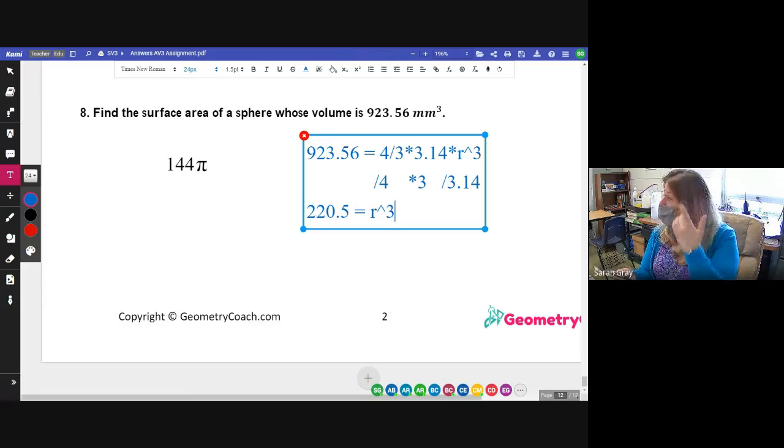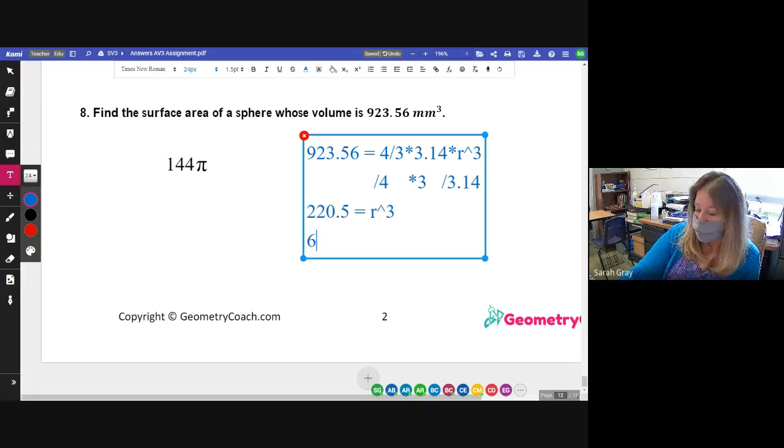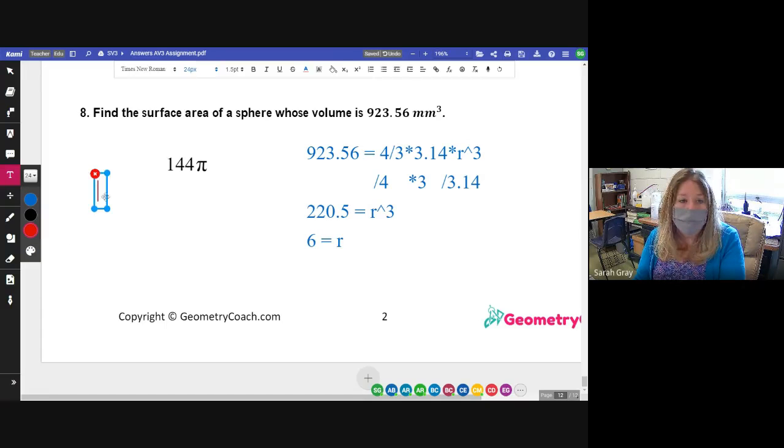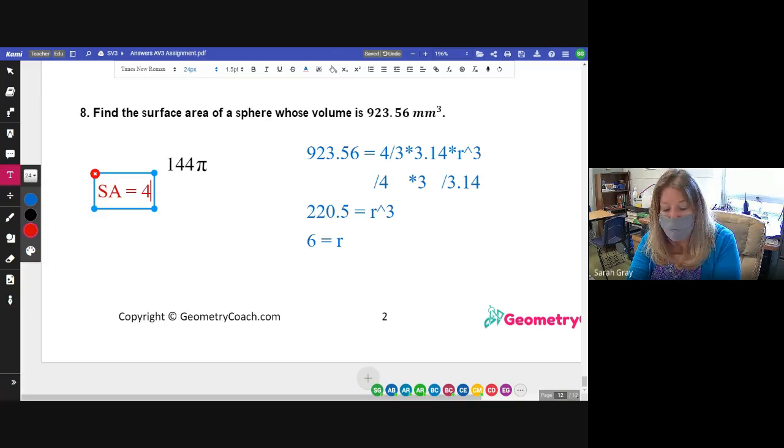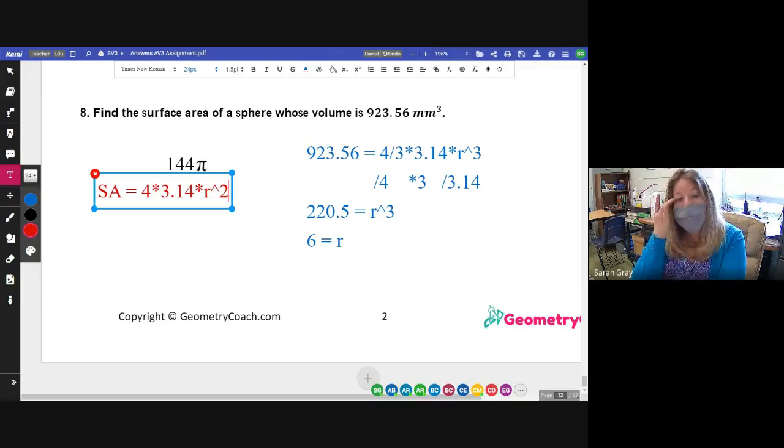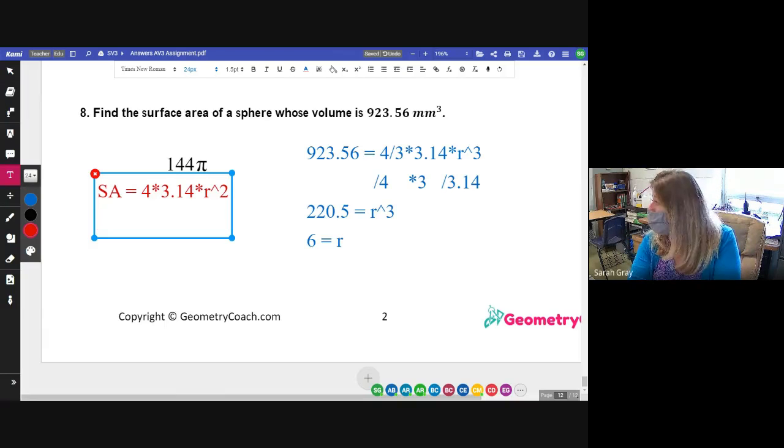So then I need to take the cube root. And we talked about how to do that the other day, and you get about 6. So your r equals 6. Then you're going to plug that into the surface area equation, which is 4 pi r squared, and put the 6 in there and work that out.